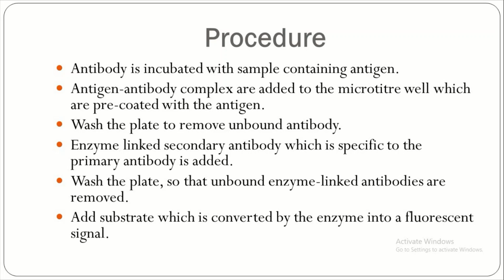The enzyme linked to the secondary antibody, which is specific to the primary antibody, is added in the next step. Wash the plate so that the unbound enzyme-linked antibodies are removed. Add the substrate, which is converted by the enzyme into different kinds of signals. It may be fluorescent, or it may be a normal signal, a color.